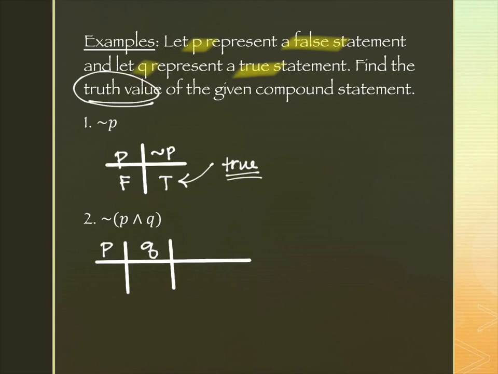So we're going to start inside our parentheses first. How are P and Q connected? With an and statement. So I need a column in my truth table that represents that. P and Q. This is what's inside my parentheses. It just comes down as a column header.